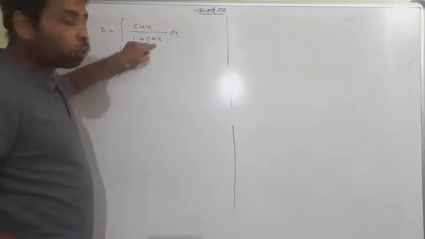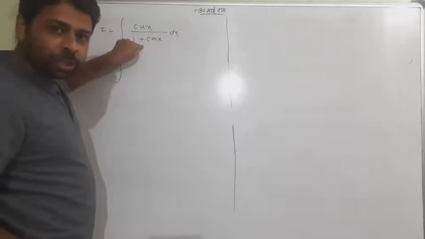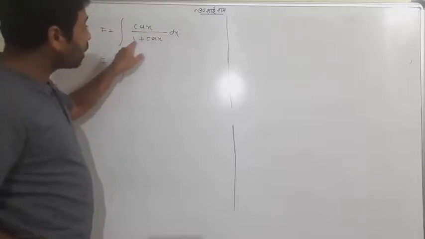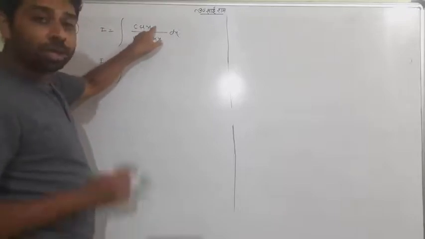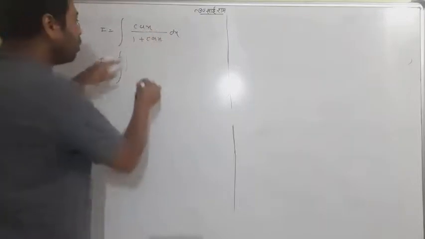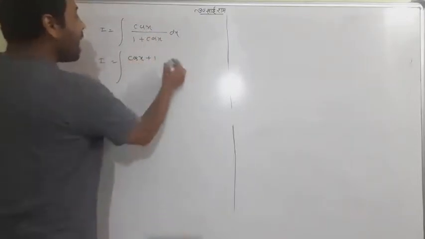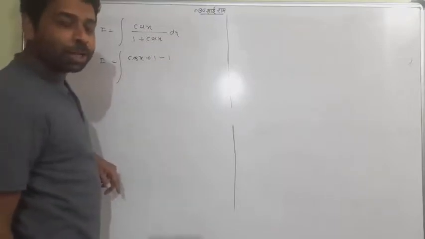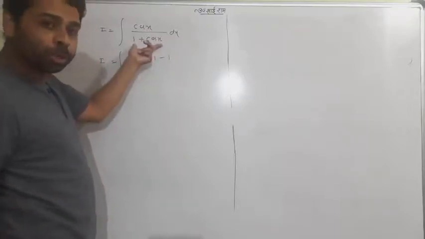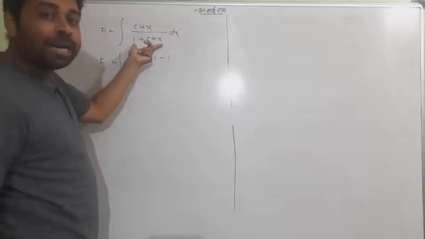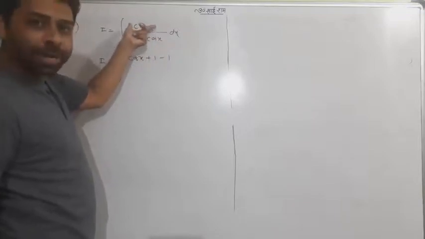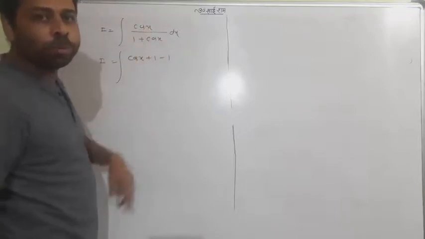I'm turning the numerator equal to the denominator, because the denominator is looking like cos x plus 1. You can make this numerator cos x plus 1. You add 1 and subtract 1. Why did I do so? Because the denominator is 1 plus cos x, and I try to make the numerator equal to the denominator.